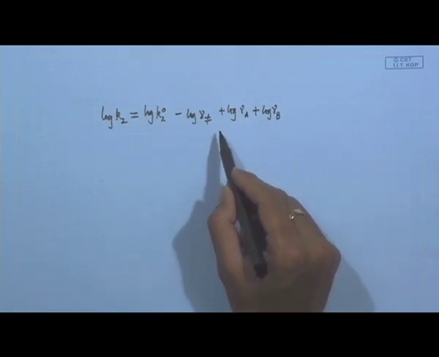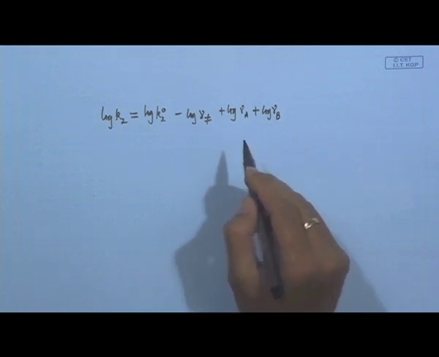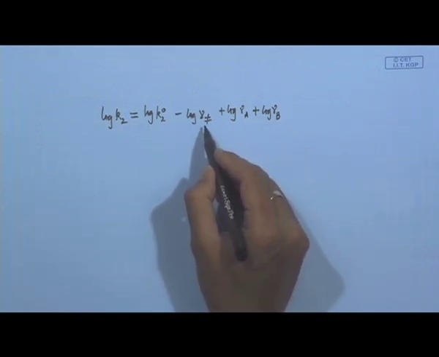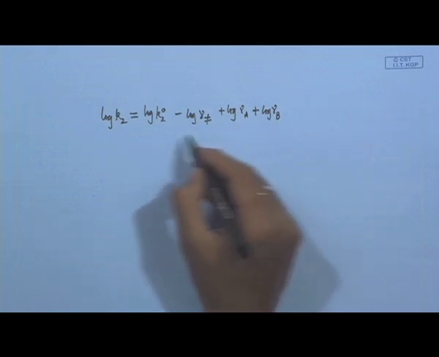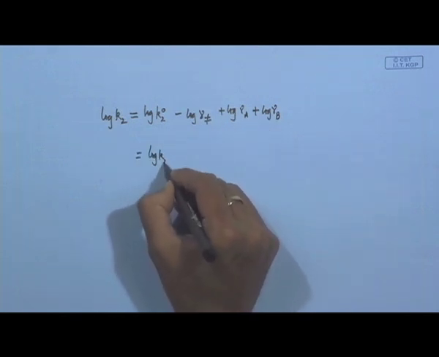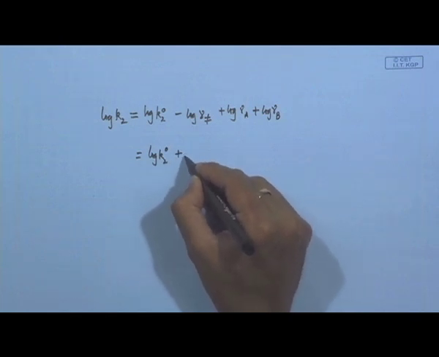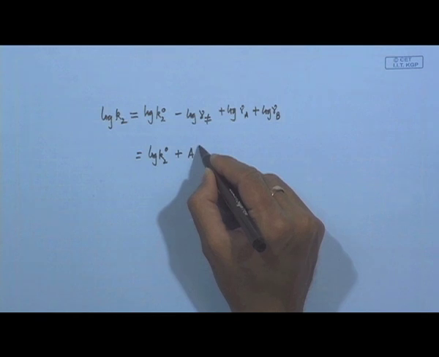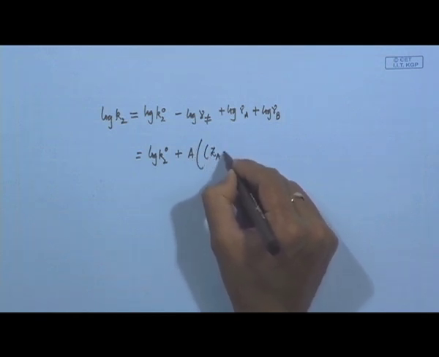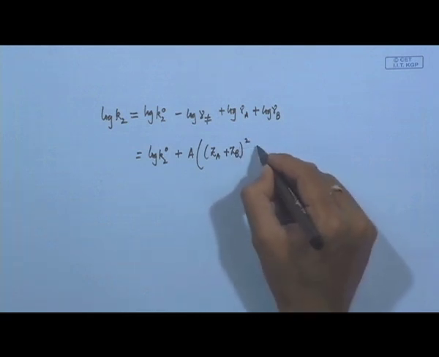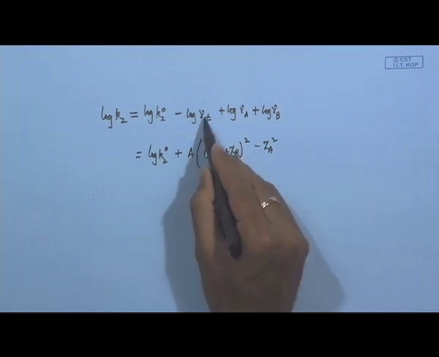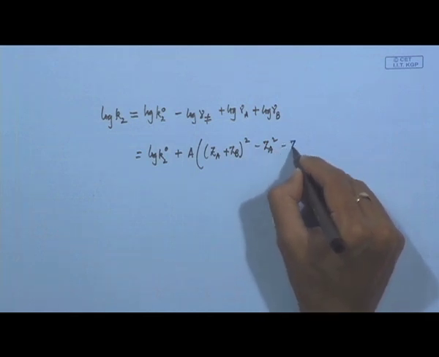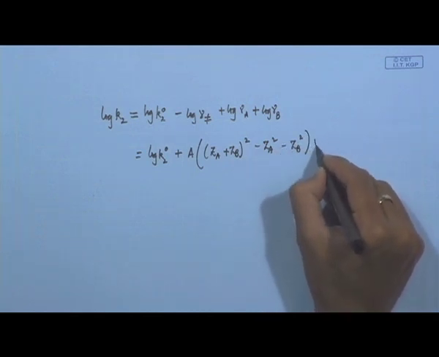So if we incorporate the respective expression of Debye-Huckel limiting law, because log gamma is minus A z square root of ionic strength, then in place of this you can write log K2 0 plus A, because A is a constant, times ZA plus ZB whole square minus ZA square minus ZB square, root of ionic strength.